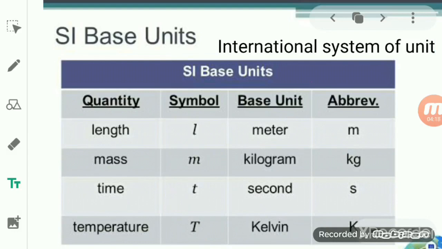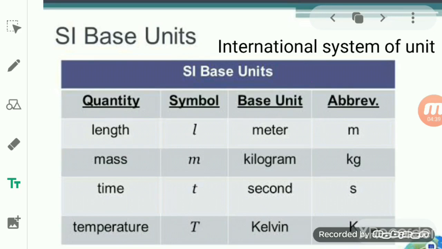Now the SI unit has been accepted by most of the countries. So we can say that a standard unit is the SI unit, and a standard unit is a measure which has a fixed value. That's why we say it is a standard one. Why is it so?